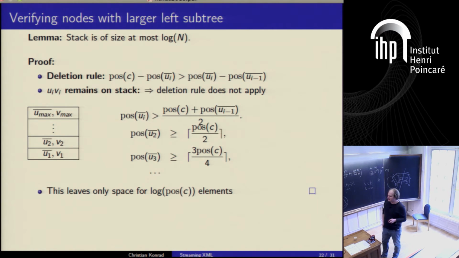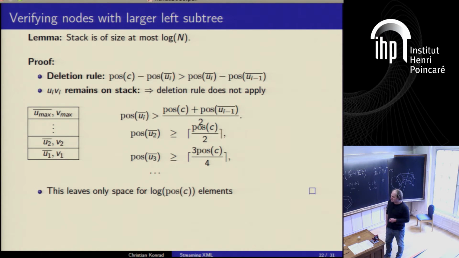For instance, you can quite clearly see that the position of the U2 closing tag will be, of the current position, more than half of what we've seen. For the next one, U3, simply by validating this position, we would be at least at 3/4 of where we are currently. And if you continue like that, you see that you only have space for log n elements in the stack.